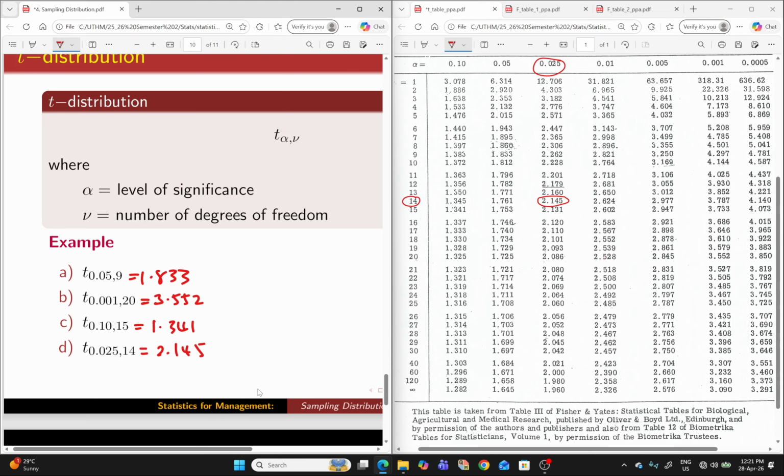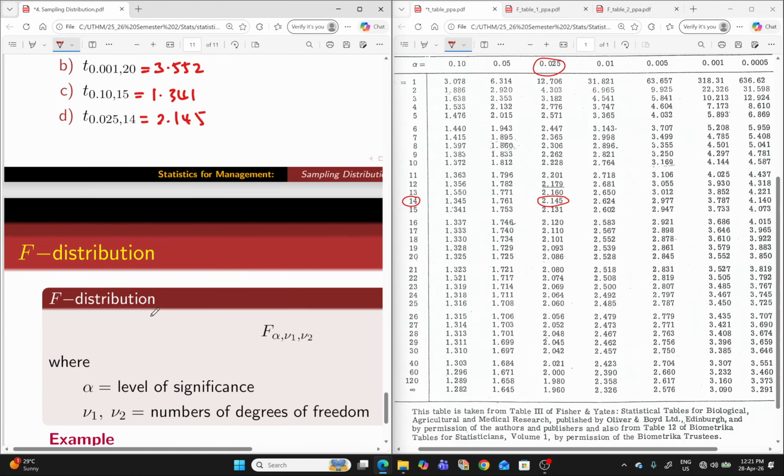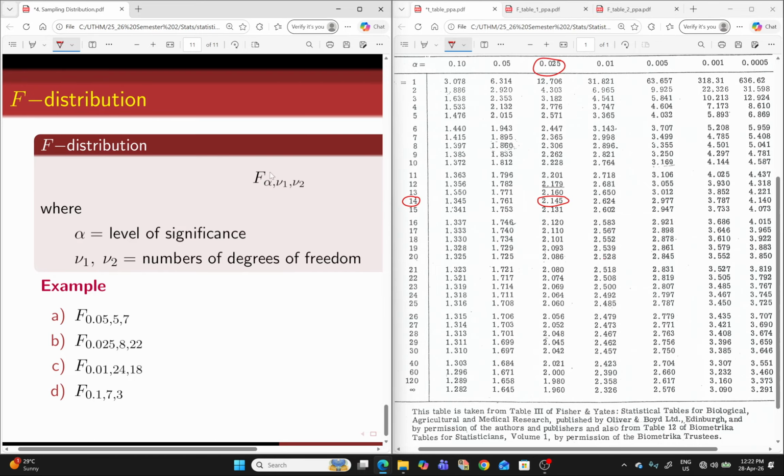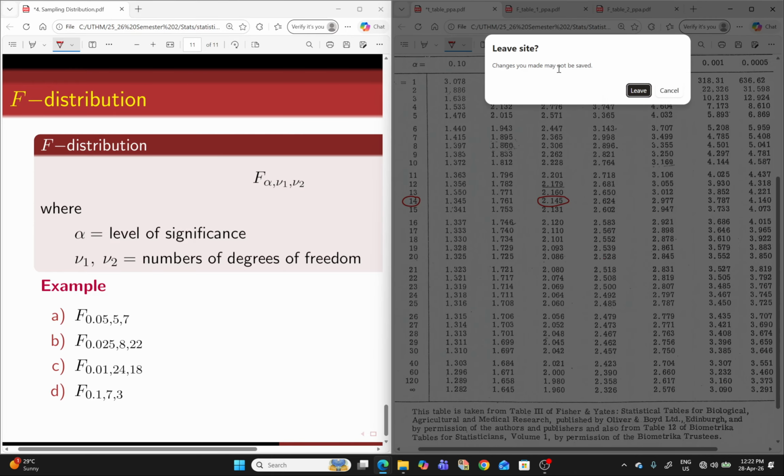Alright, next, F distribution. It is the same, this one also has level of significance and degrees of freedom. So we are going for a different table now.